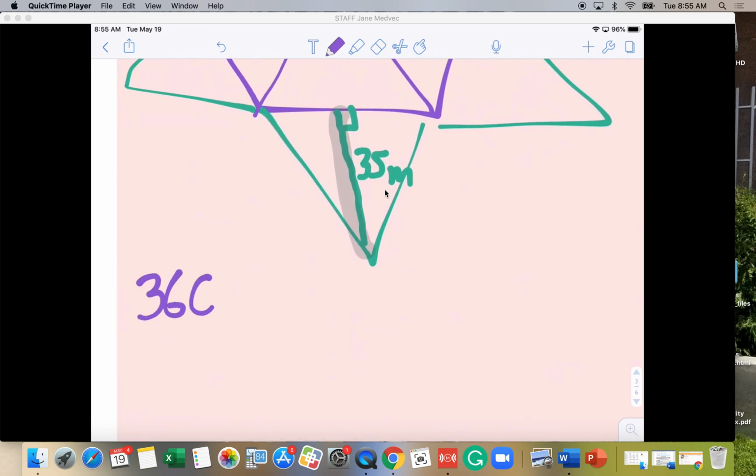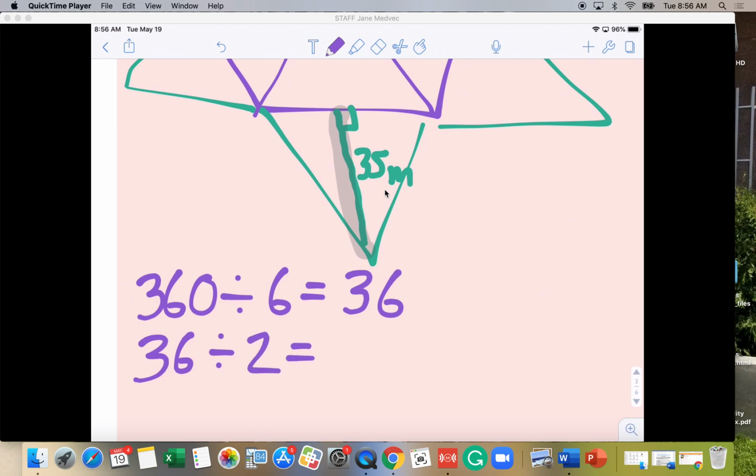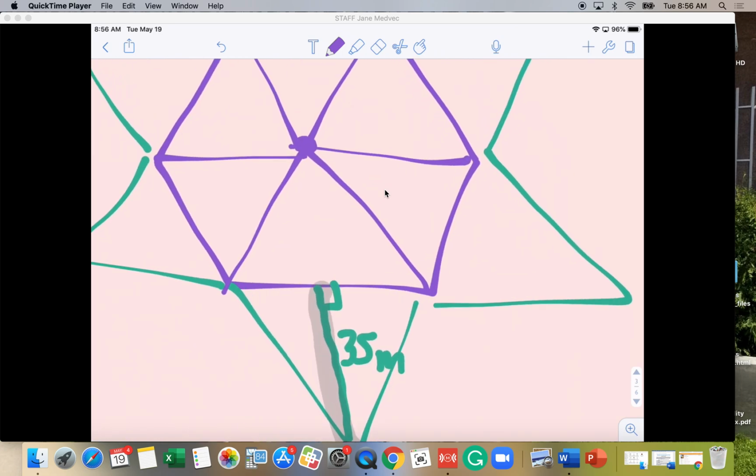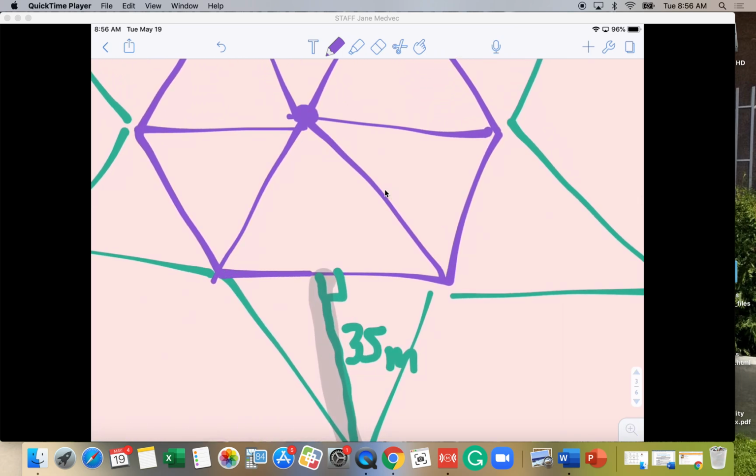So I take 360 and divide it by 6, which gives me 60. Then I take the 60 and divide it by 2 to get 30. Essentially, this base is 60, and I'm going to cut this triangle like this.